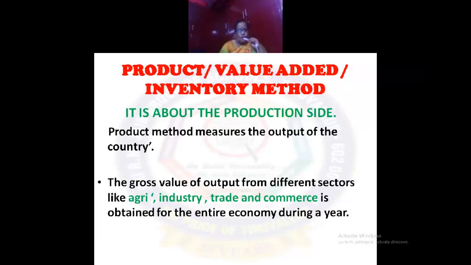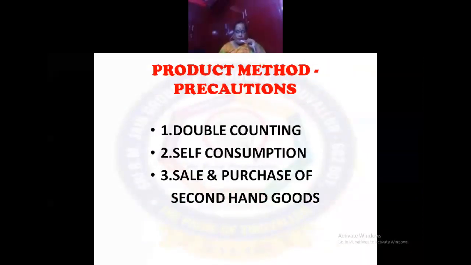Net value of the output in these sectors is derived by making deductions for the cost of materials used in the process of production and depreciation allowances, etc., from the gross value of output. Net value of output in each sector measured in this way indicates the net contribution of the sector to the national income.